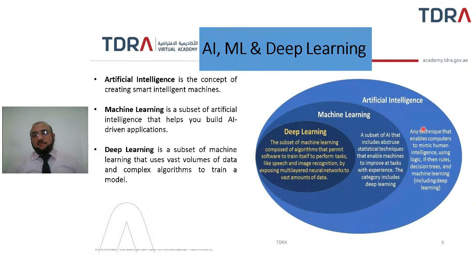Here, you see, artificial intelligence is the big picture. The AI concept enables computers to mimic human intelligence using logic, if-then-else rules, decision trees, and machine learning, including deep learning. So we have already discussed that machine learning is a subset of artificial intelligence, and deep learning is a subset of machine learning.